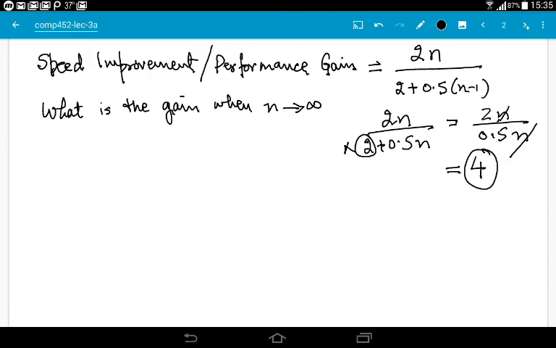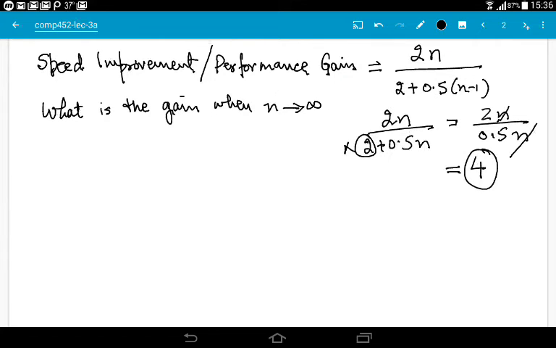Now if somebody says that pipeline reduces the time of execution of a single instruction in a microprocessor, he is not right. It does not improve the execution time of a single instruction, but it improves the instruction throughput.